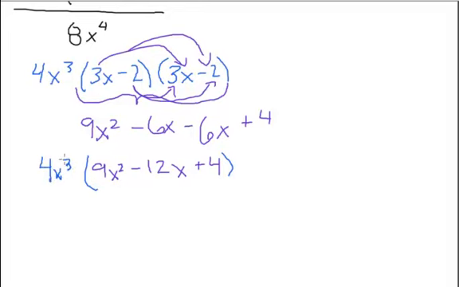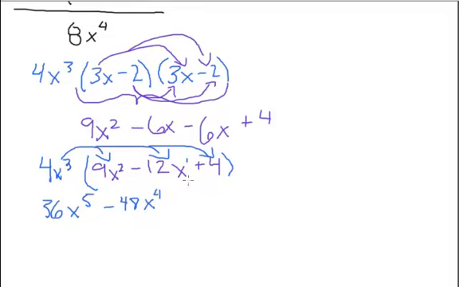Okay, so now I'm going to distribute this 4x³ to every term in the bracket. So I have 4 times 9, that's 36. Then x³ times x², since I'm multiplying, this means I have to add my exponents, so that's x to the 5. 4 times negative 12 is going to give me negative 48. x to the 3 and 1, that's x to the 4.